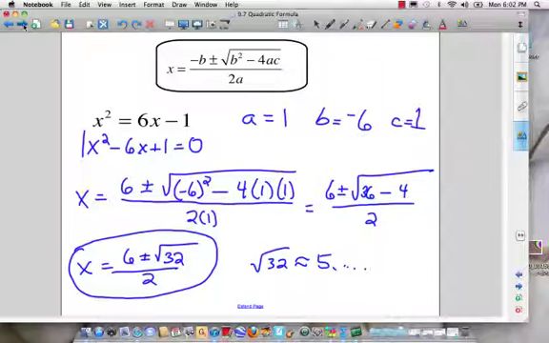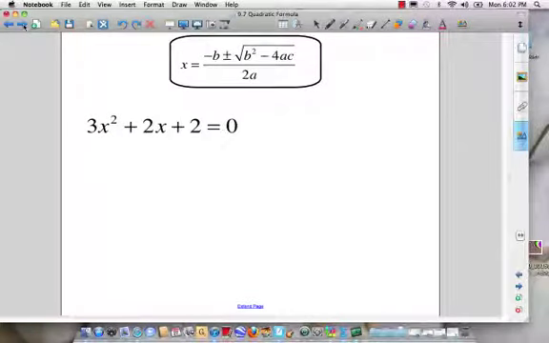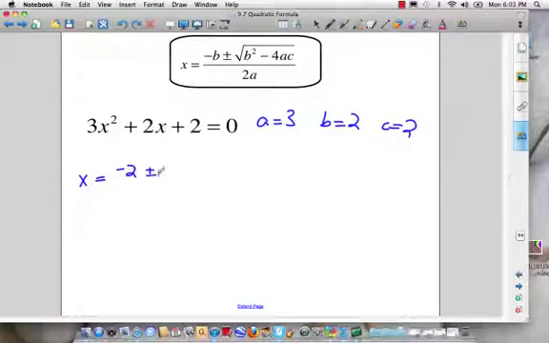The final example that I go through, yet one more thing happens. This one's already in standard form, or general form, so I'm ready to determine that a is 3, b is 2, and c is 2. And then I plug in x is -b plus or minus the square root of b squared.